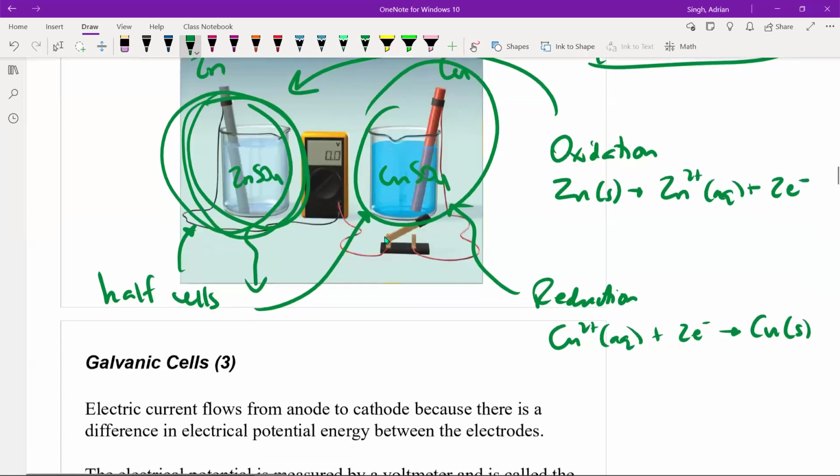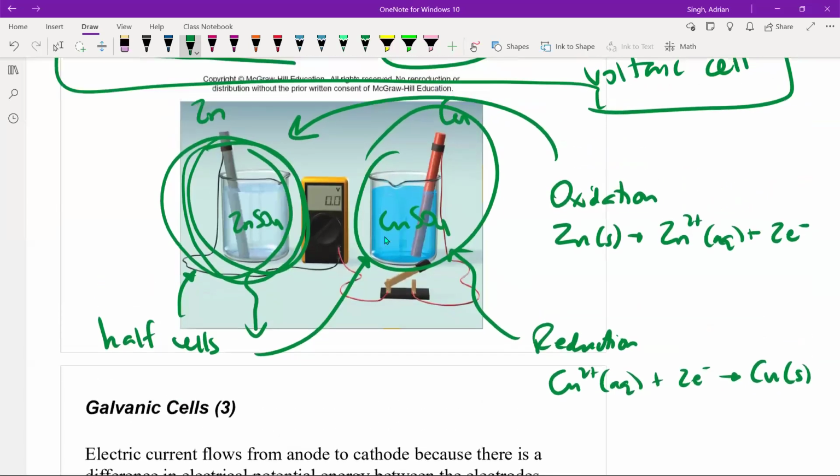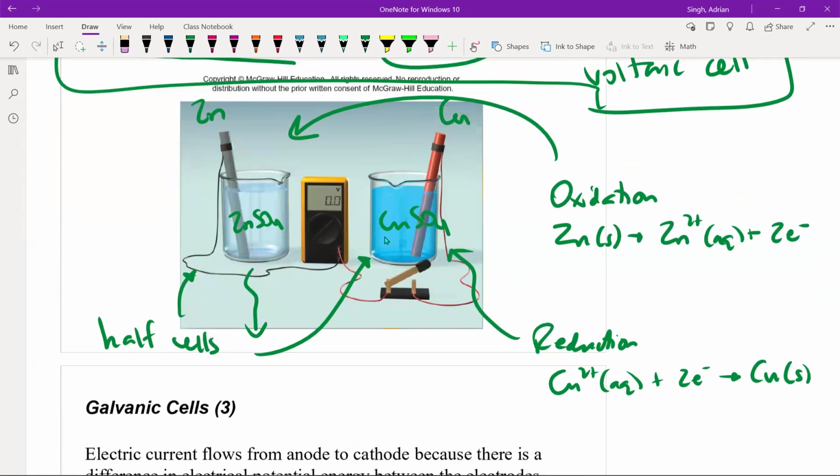Each of these two half cells has a couple of different components in it. These metal rods that we put in here are called electrodes. So this is an electrode, and this is an electrode. By definition, the anode in a galvanic cell is the electrode at which oxidation occurs.